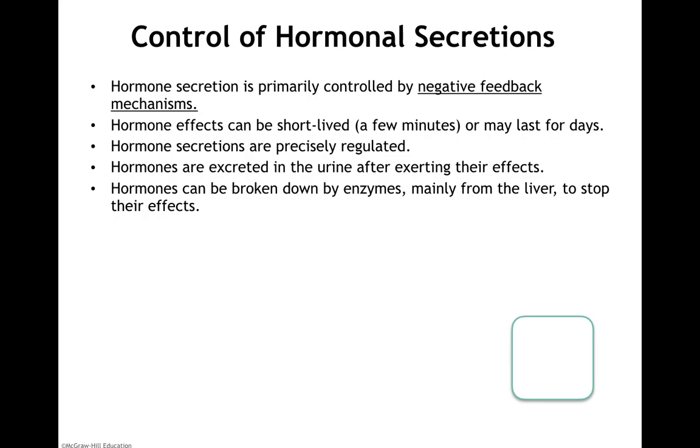They can be broken down by enzymes, mainly in the liver, to stop their effects, but it's a negative feedback mechanism. So production of the hormone leads to the effect you want. That effect will cause a reduction in hormone secretion, or lack of an effect will cause an increase in hormone secretion. Okay, we'll stop there.